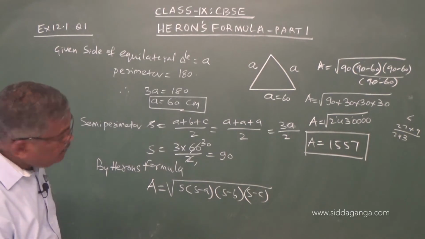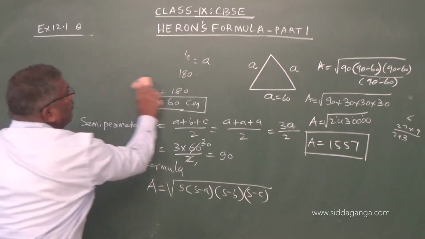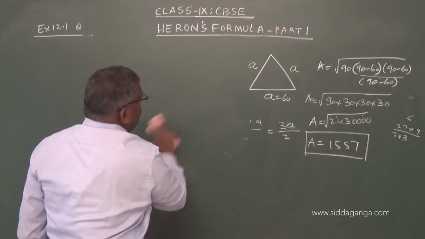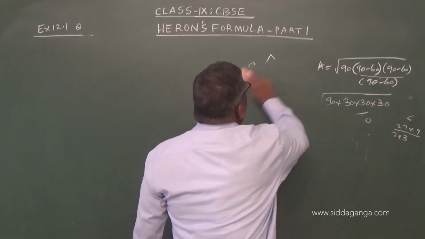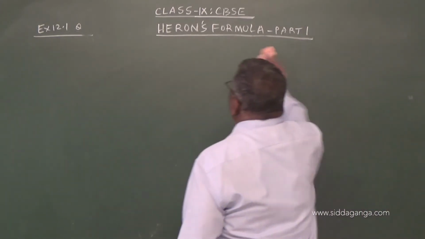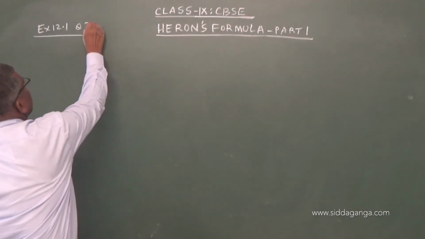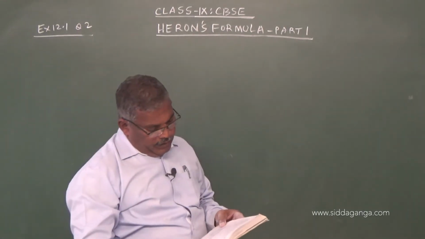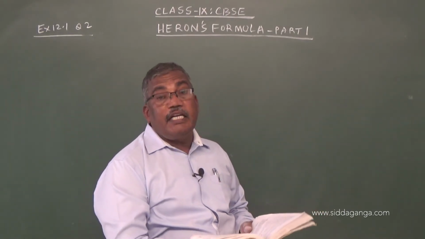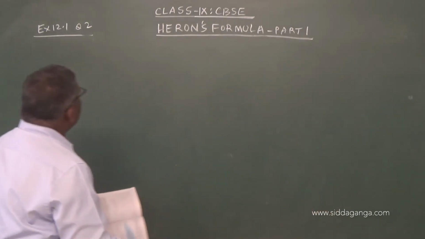So now I will take up the question number 2. A triangular side wall of a flyover has been used for advertisement. The sides of a wall are 122 meter, 22 meter and 120 meter.